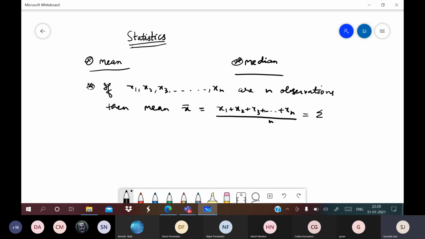We represent it like this also: sigma xi, i changes from 1 to n. It is the short form of x1 plus x2 up to xn upon n. We also remember it as the sum of observations upon the total number of observations.